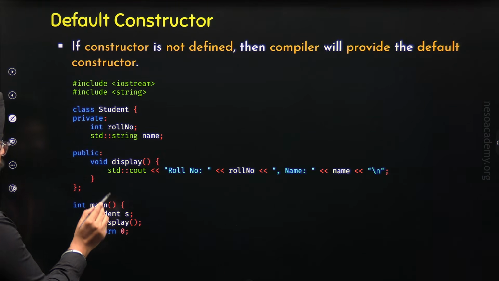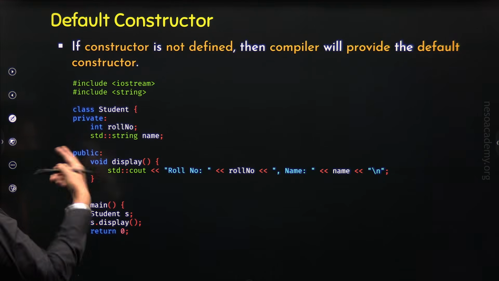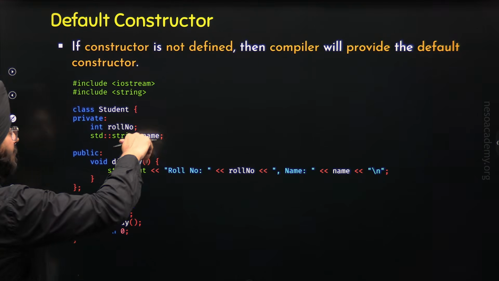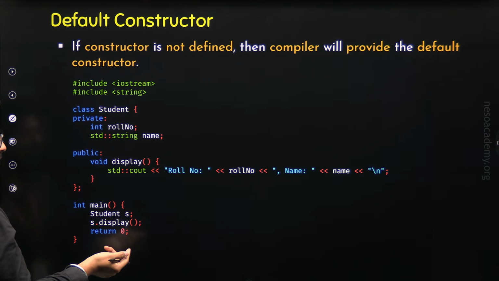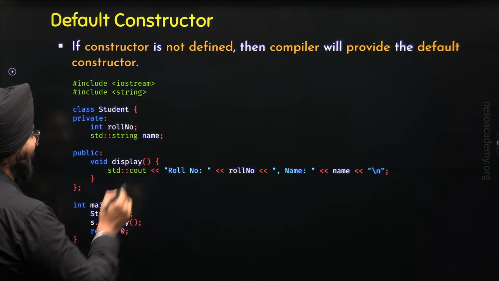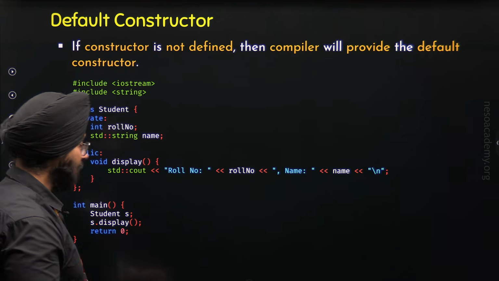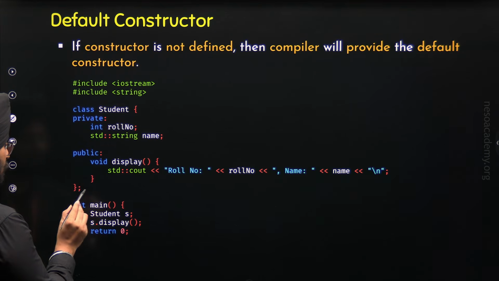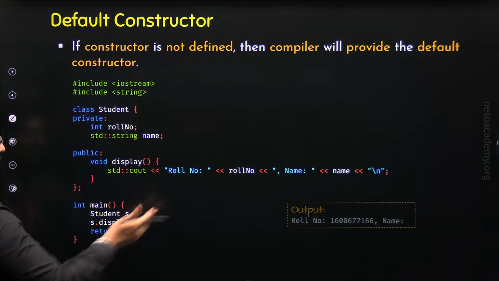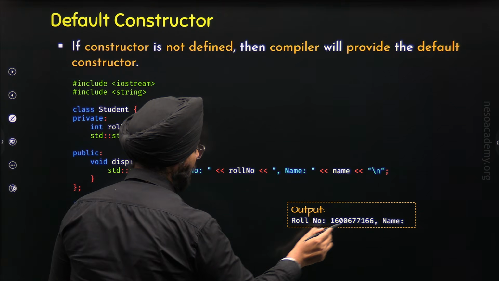Here I have created the object of class student. Therefore, the default constructor provided by the compiler gets invoked, and this means roll number will receive the garbage value and name will receive the empty string. And because we are calling the display function through the S object, we will see this output on the screen. In my case, I am receiving this garbage value.